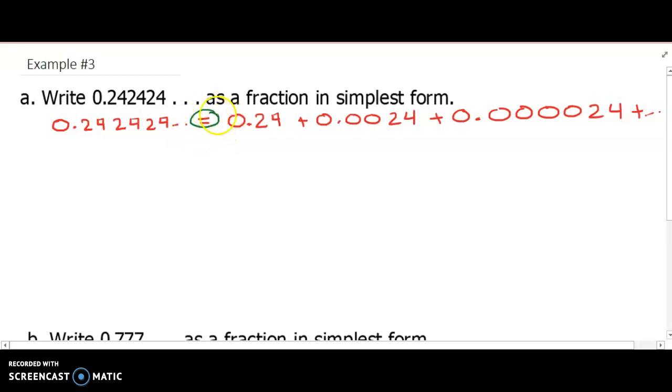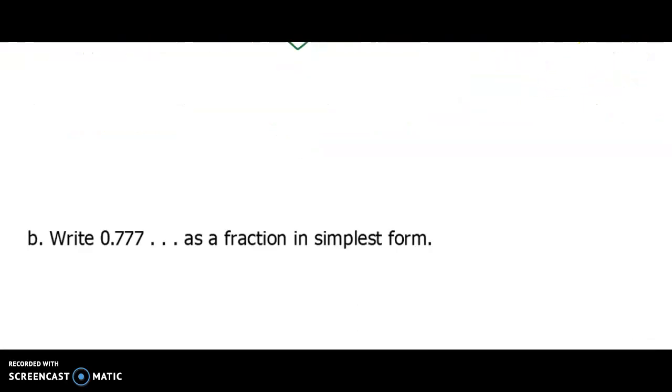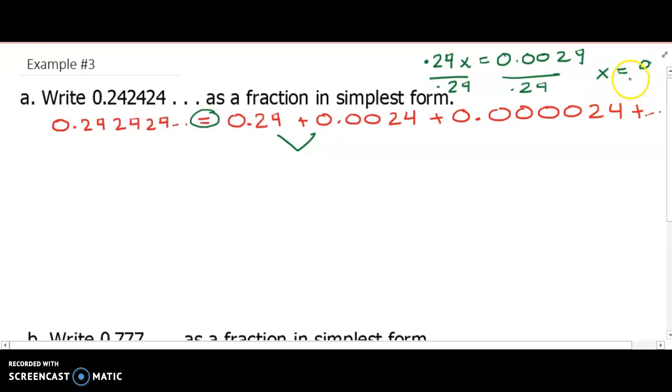Okay, now if I notice to get from 0.24 to 0.0024, 0.24x equals 0.0024. I divide both sides by 0.24. I would get x equals 0.01. So this is times 0.01.